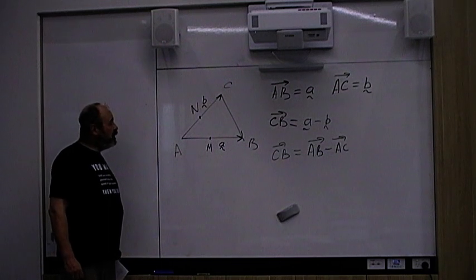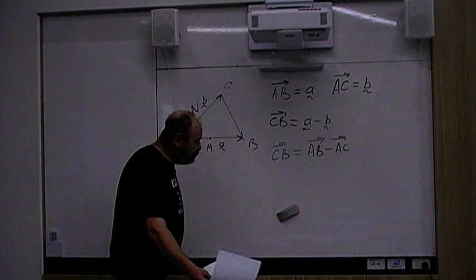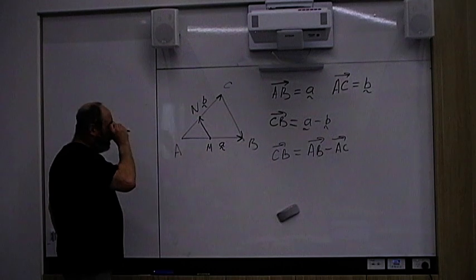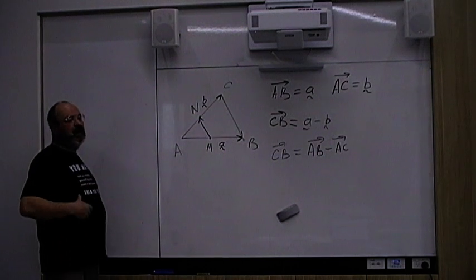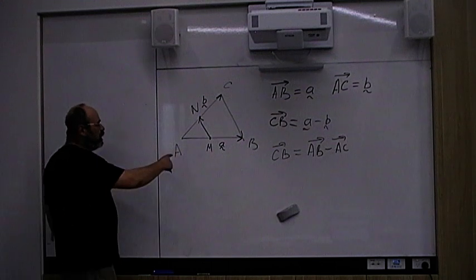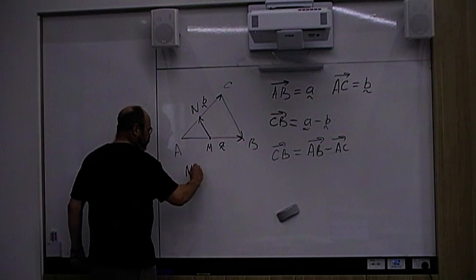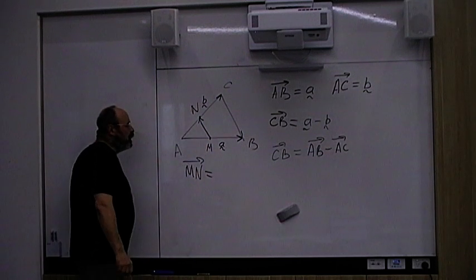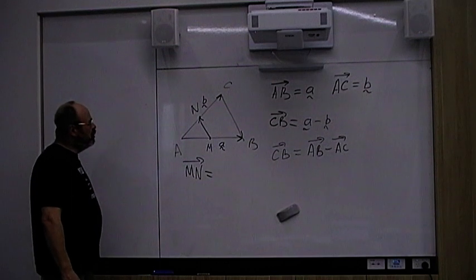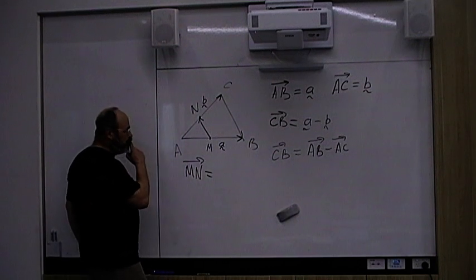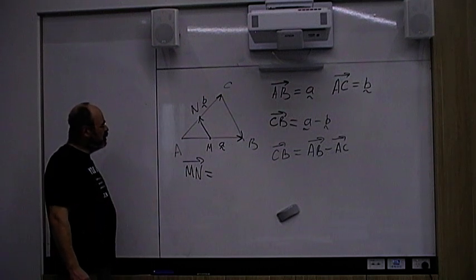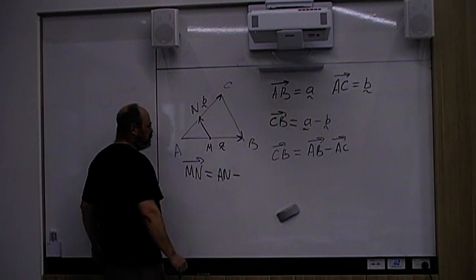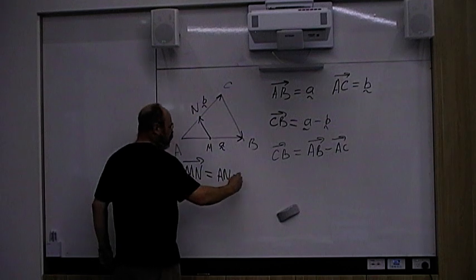Now, how can we find vector MN? We need to find vector MN. B minus A, all into, yes, but how can we derive that? So vector MN will be vector AN minus vector AM.